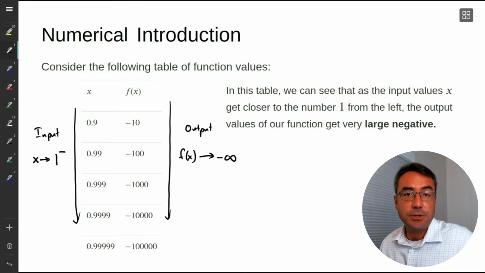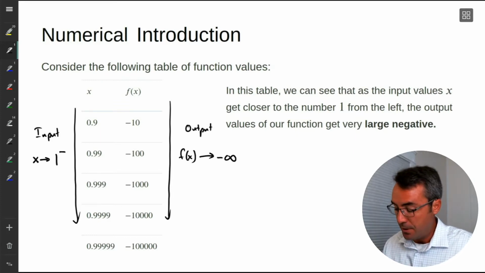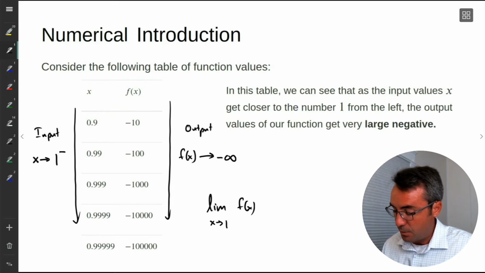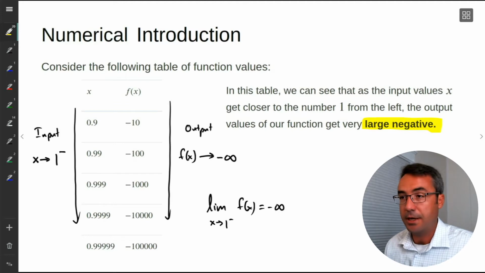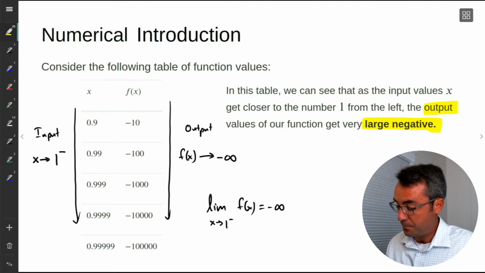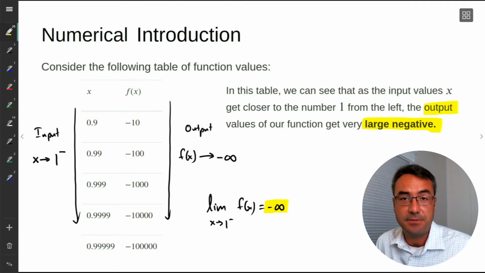And so to interpret this behavior, to introduce a notation for this behavior, we say that the limit of f of x as x approaches 1 from the left is equal to minus infinity. And so the fact that our outputs are getting large negative, we introduce this minus infinity.